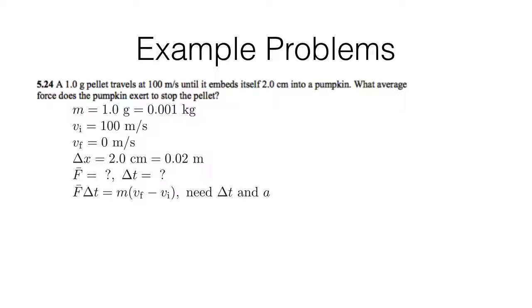So I'm going to have to find the acceleration also. I'm going to have to get the acceleration to find the time, and then use the time to find the average force. This problem is a little bit more complicated than the rest, so just kind of follow along with me.